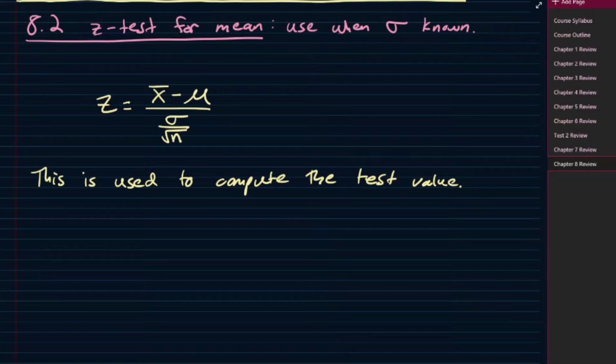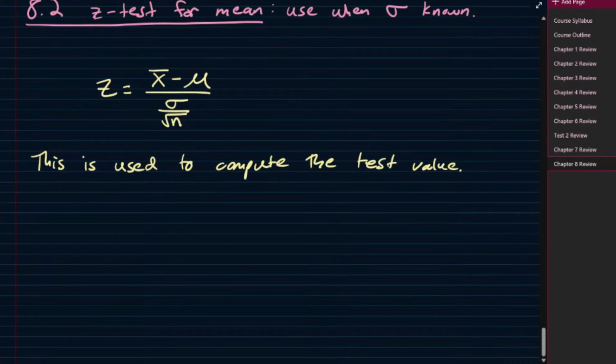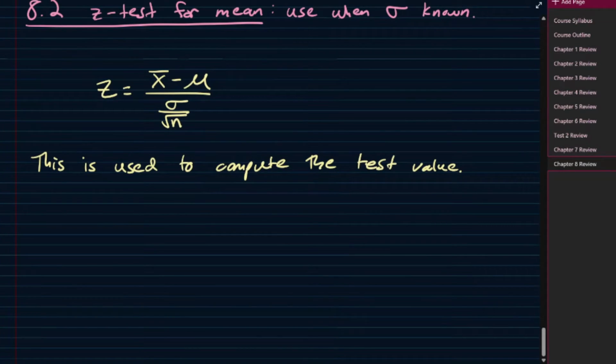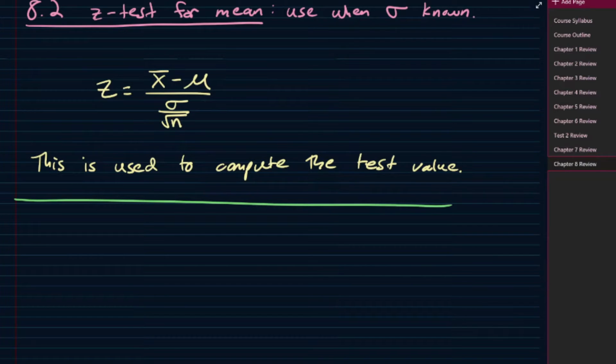Okay? So let's go ahead and get some examples of how to do hypothesis tests for the mean for z-tests, I'm sorry, for when sigma is known.